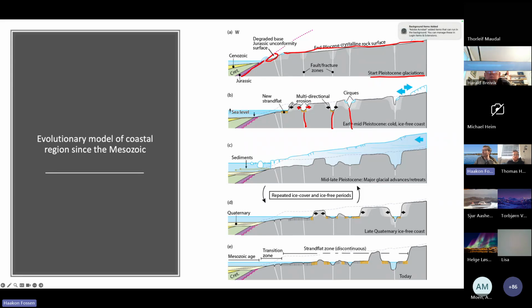And again, the processes were going on many places at the same time. Not exactly the same time, and it worked its way eastwards, I guess, but in general, it's not like it started in the west, working its way to the east progressively. It was working in many places at the same time, must have been.